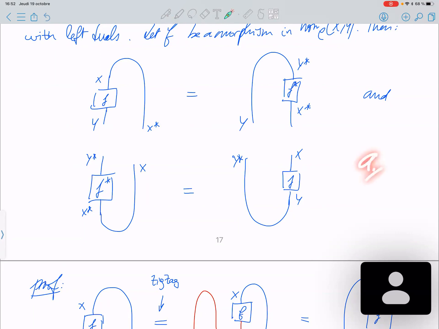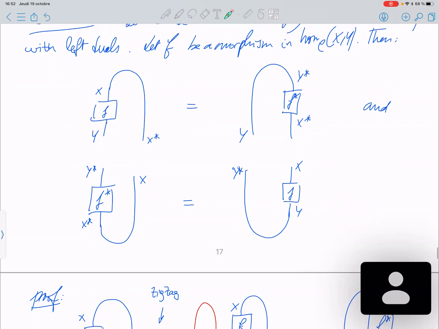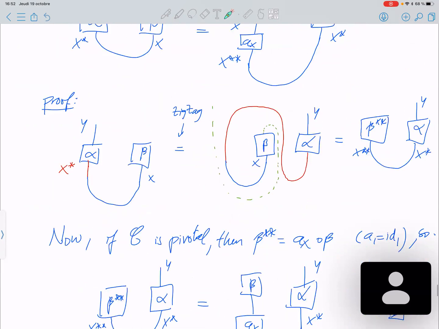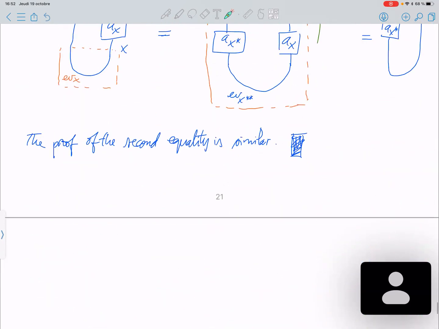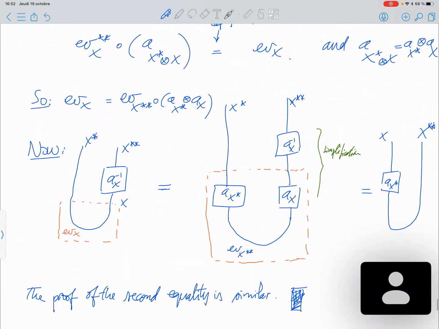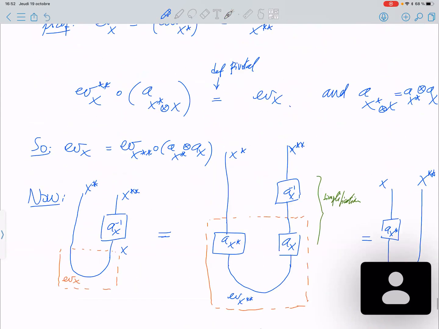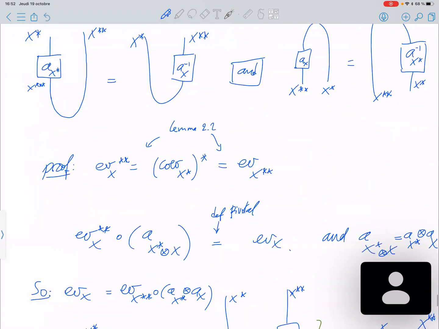So A_X inverse star is equal to A_X star. Anyway, right. So let me prove that directly here. I don't remember whether we can prove it using lemma 2.1, but using lemma 2.5, it will be immediate.